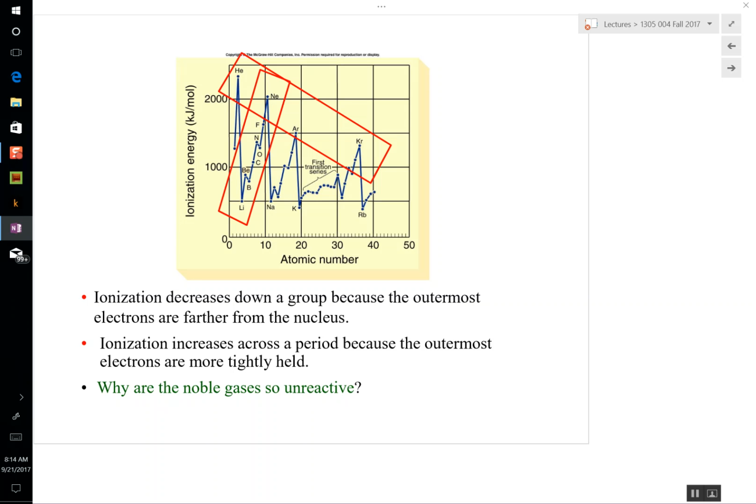Put those in order of increasing ionization energy. What's the one with the lowest ionization energy? Nitrogen. What's the next one? Oxygen. And the next one? Fluorine. So nitrogen is less than oxygen, is less than fluorine in terms of ionization energy. I'm not going to dwell on these. I just want you to know what we're talking about.